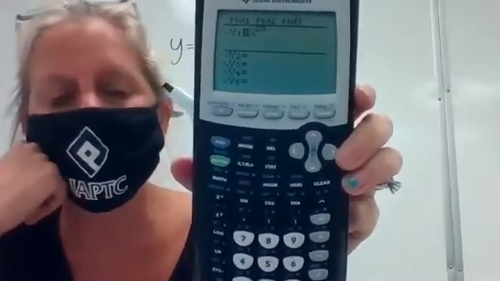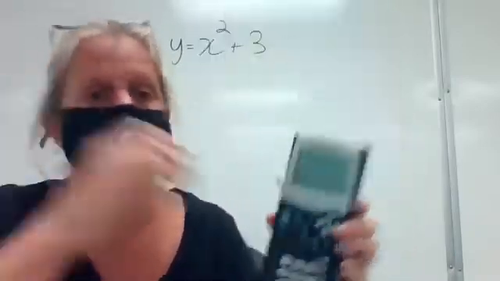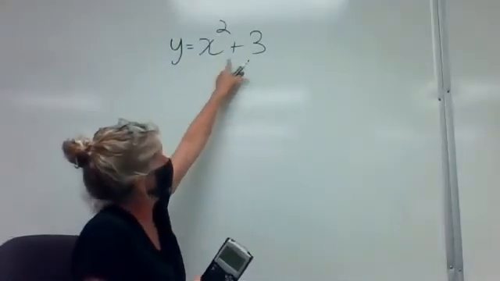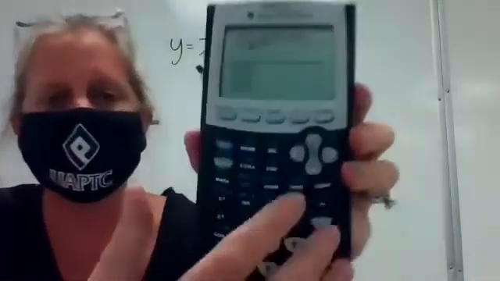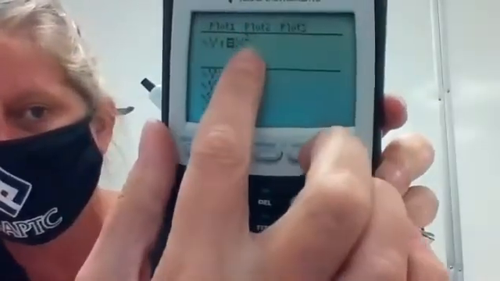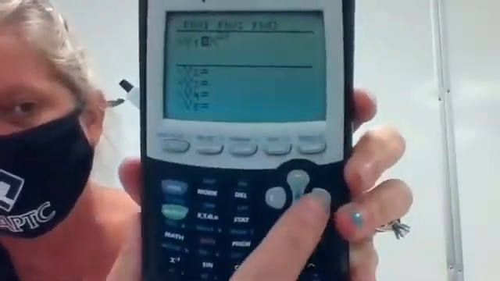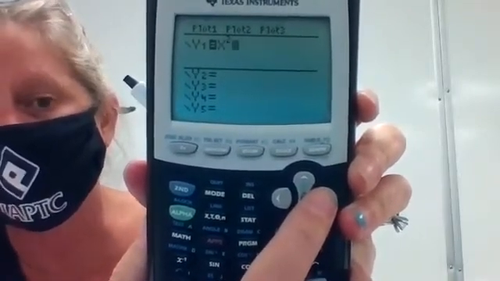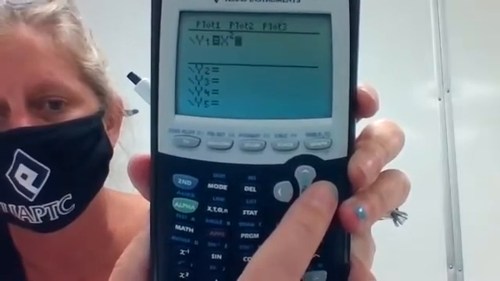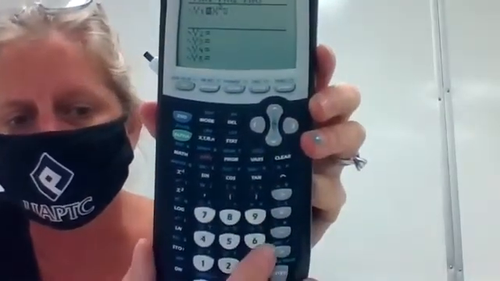It's still up in the exponent. This next part that I need to type in is plus 3, which is not up in the exponent. So if for any reason your cursor is still up in the exponent, hit this right arrow. So watch when I hit the right arrow, it puts my cursor back down where I need it to be. And then I type in the plus 3.